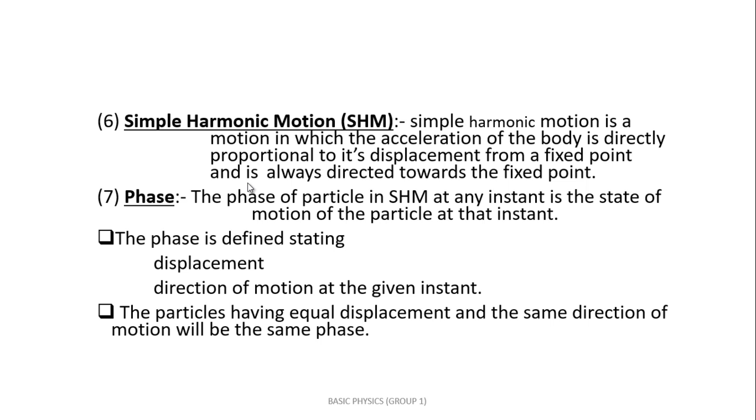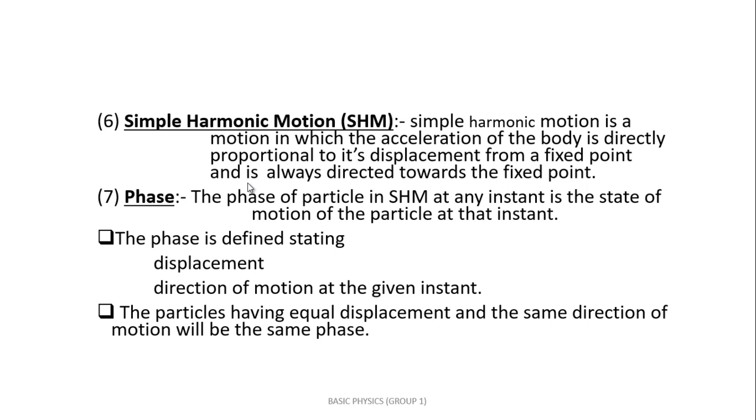Now 7th one is phase. What is phase? Now phase, the phase of particle in simple harmonic motion at any instant is the state of motion of the particle at that instant.